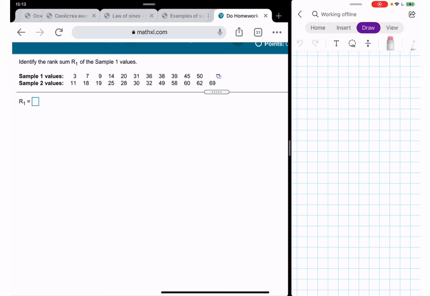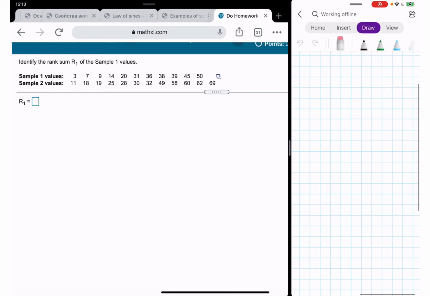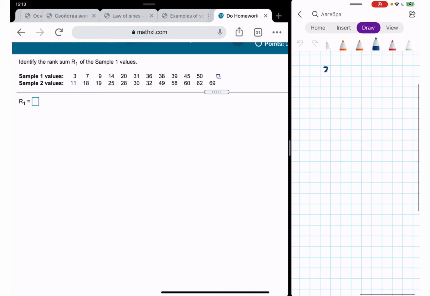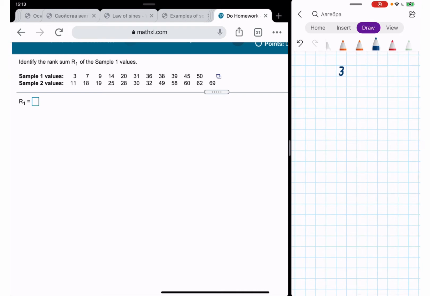So first it's going to be 3. That's the first one. 3, 7, 9. Those are sample 1.